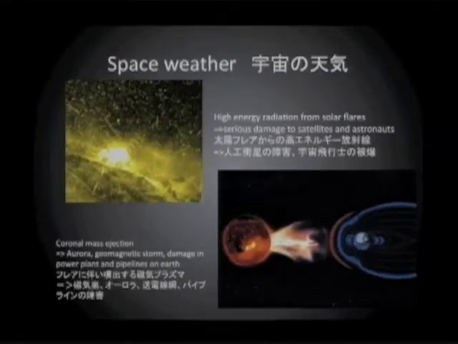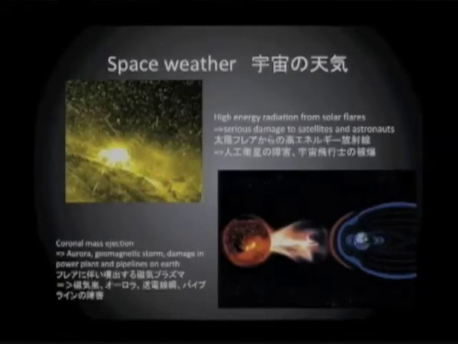So when a collision occurs, an electromagnetic current is provoked around the surface, and when that current reaches the north and south poles, aurora is caused, and also magnetic storms are caused, and EMI might be provoked, and there might also be damage to the pipelines and the transmission lines on the ground on the Earth.